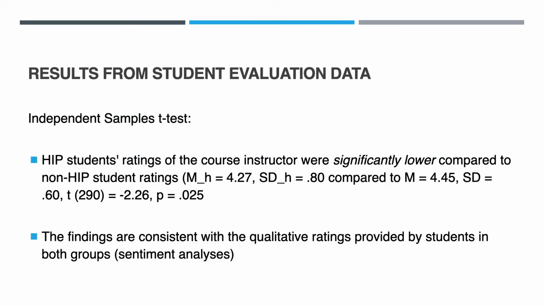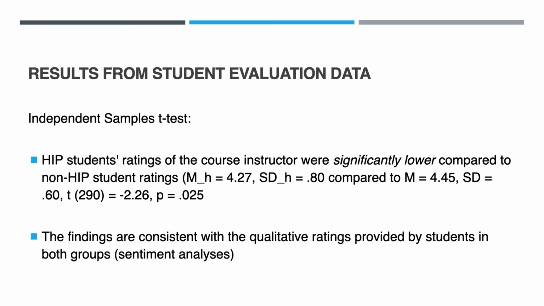The student evaluations were significantly lower, or in other words, the student evaluation of the instruction was harsher in the HIP courses compared to the courses that I taught without the use of any HIP.